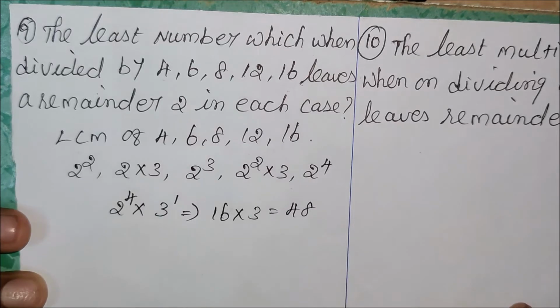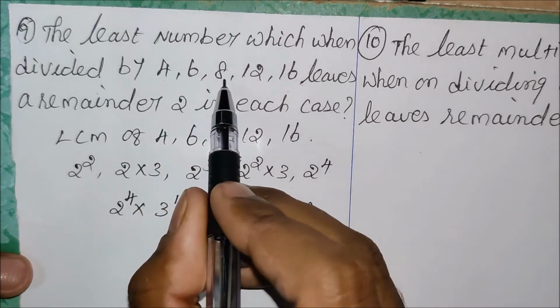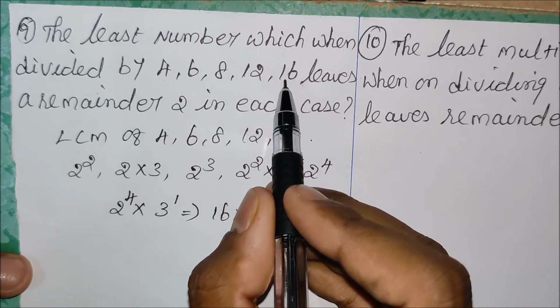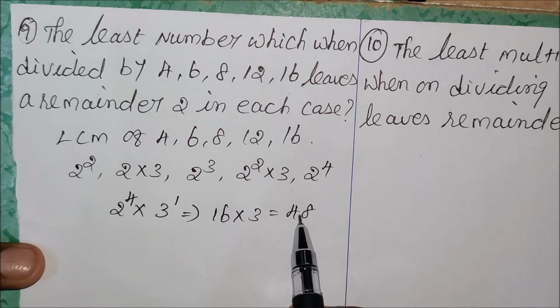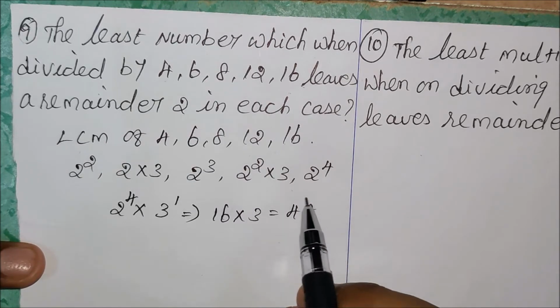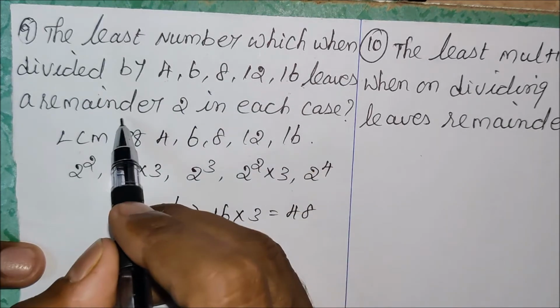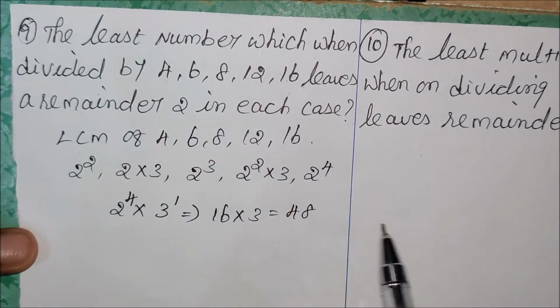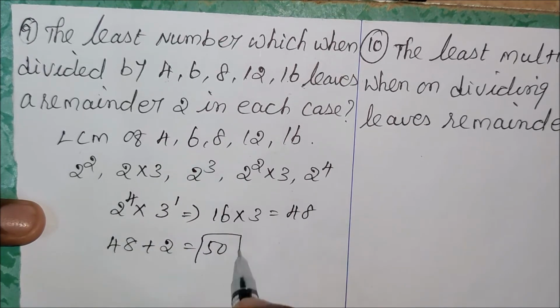So this 48 is exactly divisible by 4, 6, 8, 12, 16. But what they have mentioned is that when we divide our answer by 4, 6, 8, 12, 16, it should give the remainder 2 in each case. So simply I will add 2 to this number, so the answer should be 50.